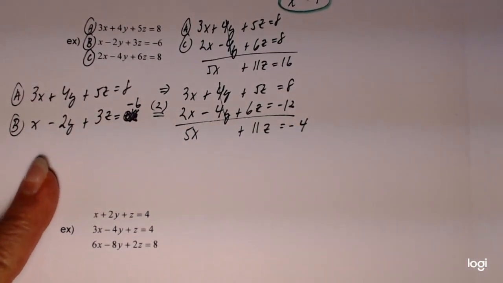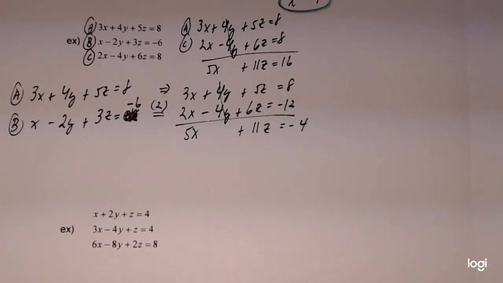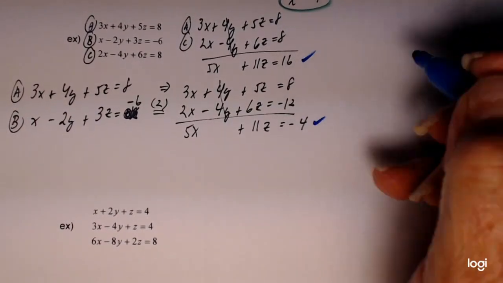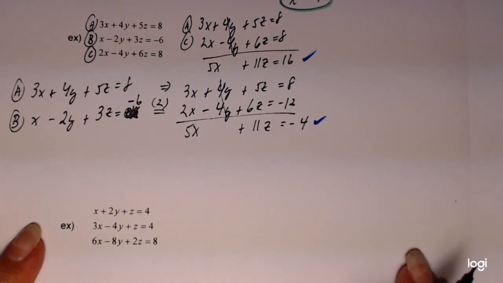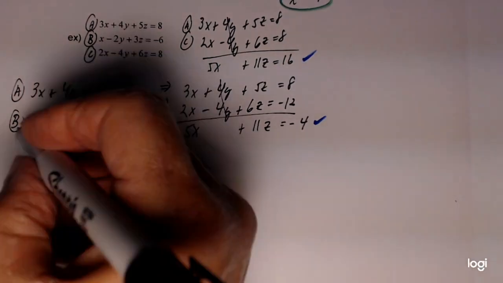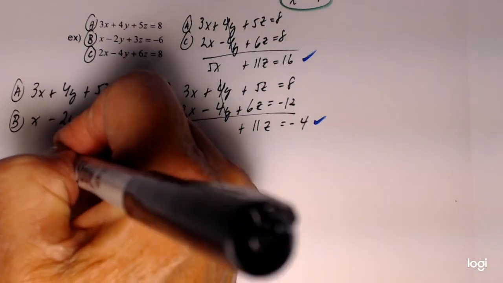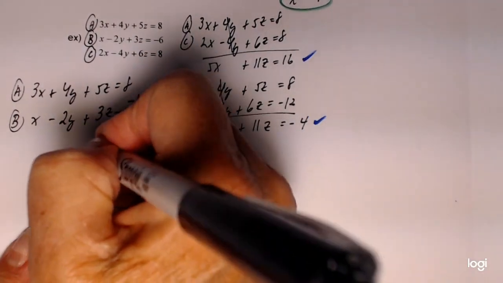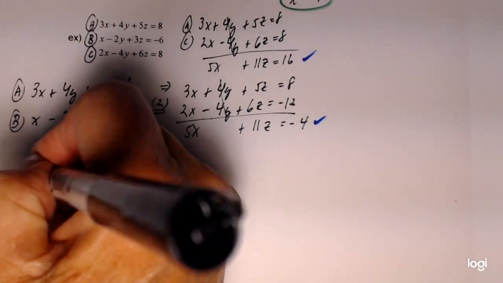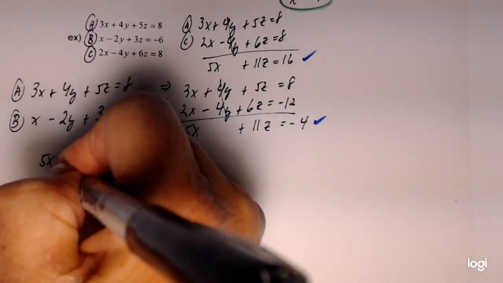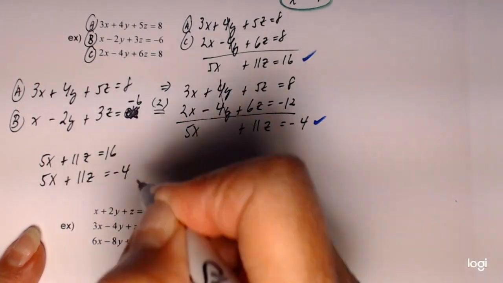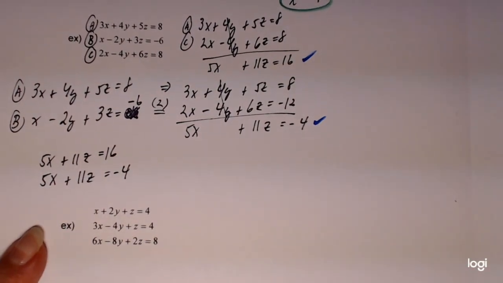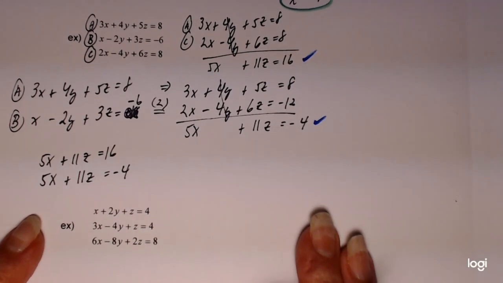So now we have two equations, and we need to work with these two to eliminate more variables. So 5x plus 11z equals 16, and 5x plus 11z is equal to negative 4. Now, some of you might be saying, wait a second, something isn't right here.